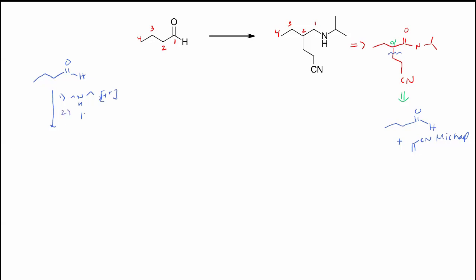And then I'll add the nitrile to that. Work that up with water. So at the alpha carbon, I get my new bond. So that will add the nitrile part. This was 1, 2 carbons to the nitrile, 1, 2.